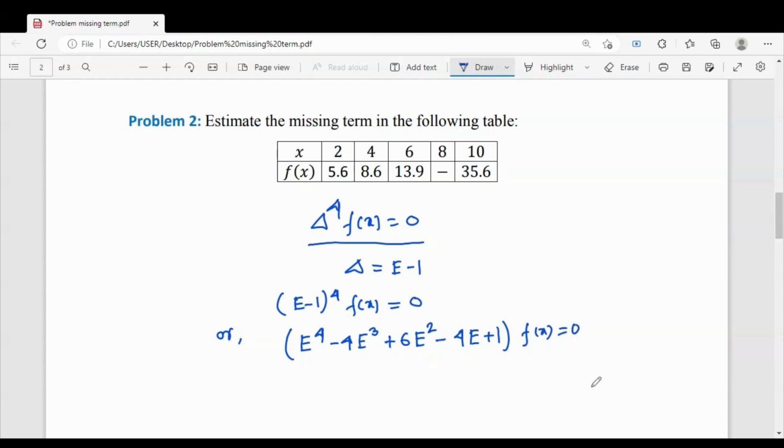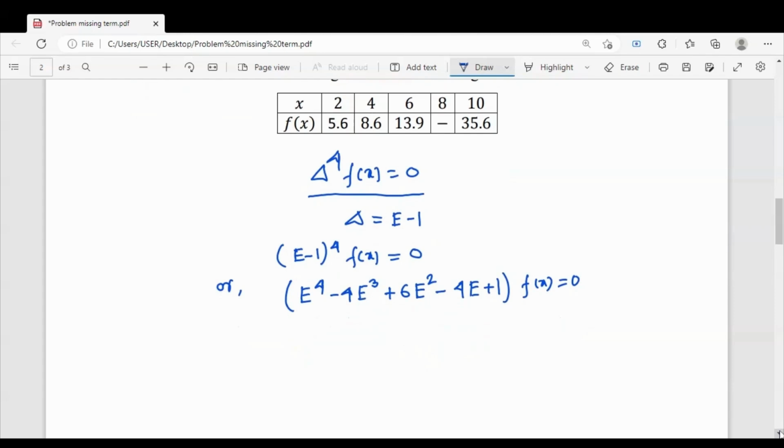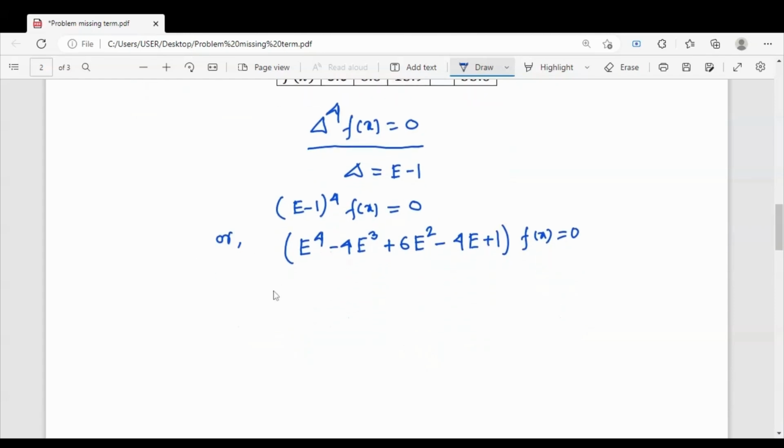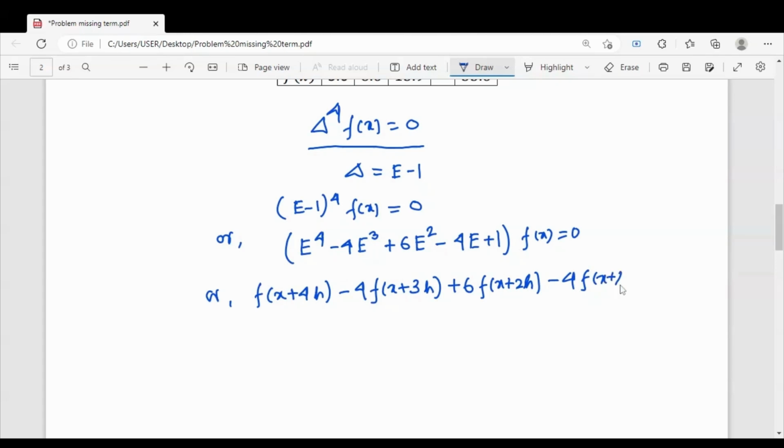So as previously, we can write E to the power 4 f of x as f of x plus 4h, minus 4 f of x plus 3h, plus 6 f of x plus 2h, minus 4 f of x plus h, plus f of x equal to 0.